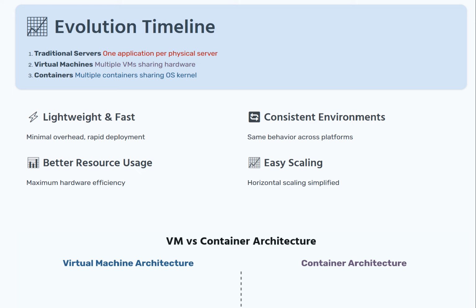So one application per physical server. We were running services on our on-premises physical servers, one application on one physical server. Maybe you're running a web server on one machine, an application server on a second machine, like an accounting application, and a database on another machine, connecting the database with the application server.